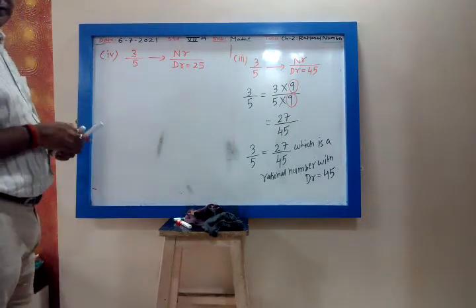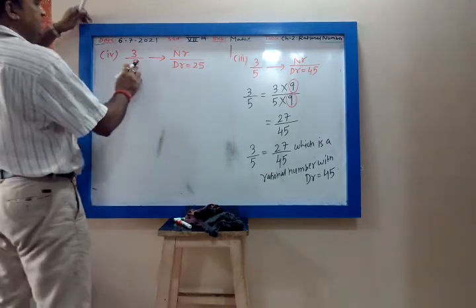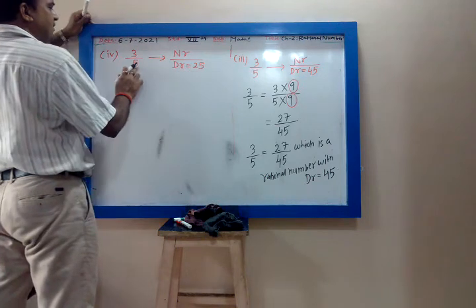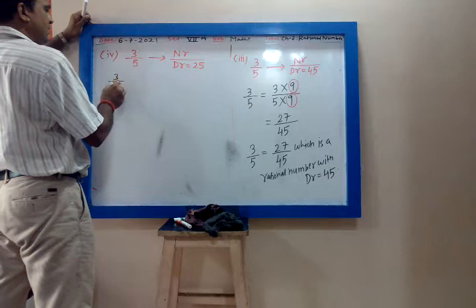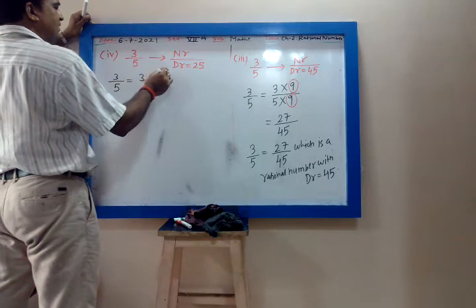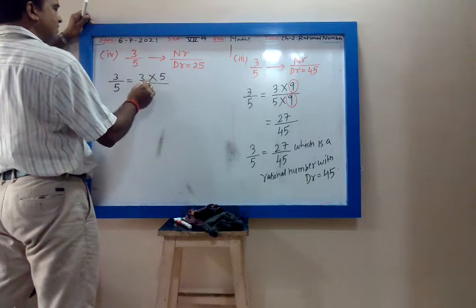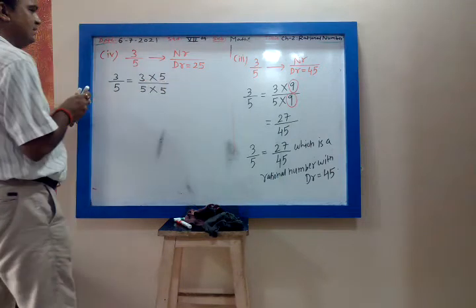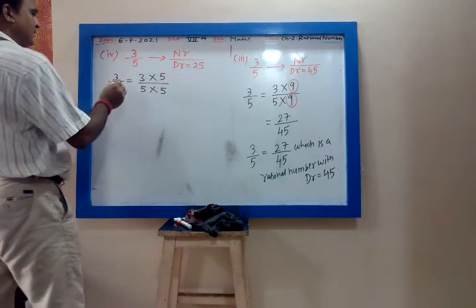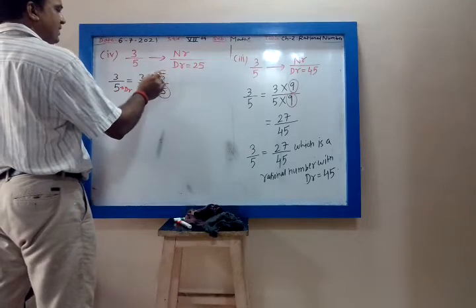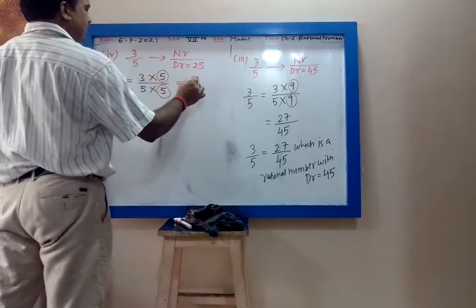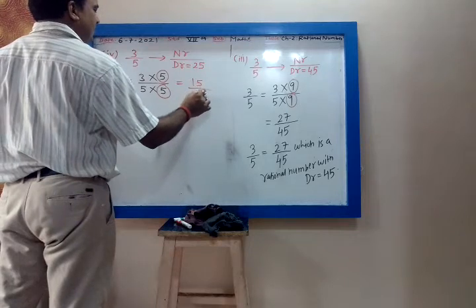So how will you get denominator 5 becoming 25? When I multiply 5 by 5. So 3 upon 5, we multiply and divide by 5. 3 5s are 15, 5 5s are 25. This denominator we want 25. So 3 5s are 15, 5 5s are 25.